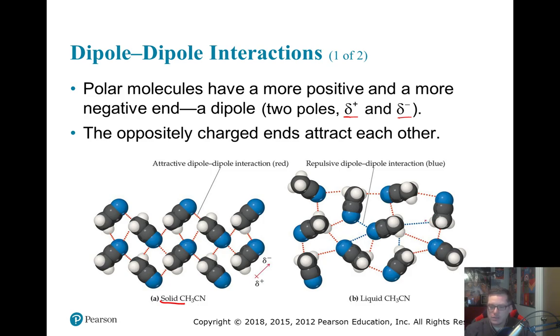As they orient themselves less perfectly, you start getting repulsive forces as well. So look, these nitrogen groups are really close to one another, so you get a negative on negative end, so you've got repulsive forces occurring at the same time. And because of that, your kinetic energy is overcoming some of those intermolecular forces, and so these molecules are able to move past each other more frequently. So therefore it's a liquid.